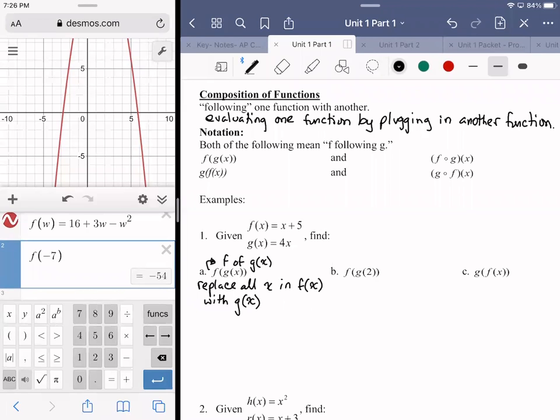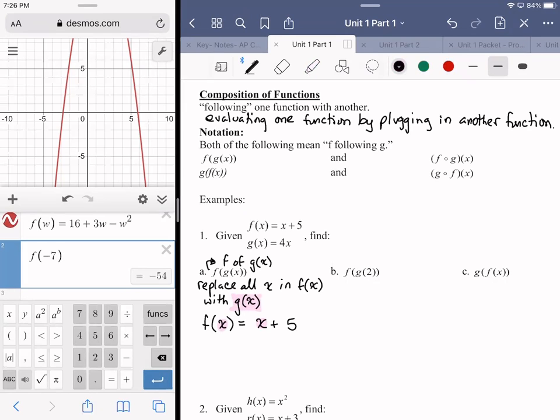So what I'll do is I'll write f of x first. What I'm going to do now is, what I just wrote, replace all those x's with g of x, literally. So every x in this function, I'm going to replace with g of x.